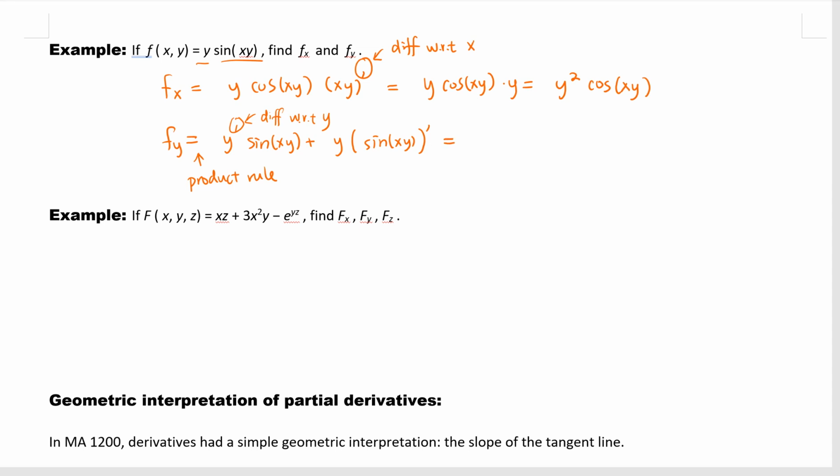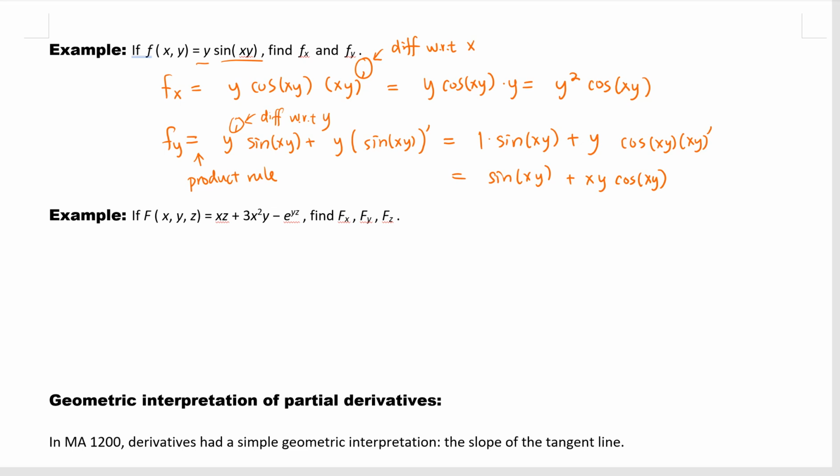So the derivative of y is 1, and then we have the sine xy, and then derivative of sine, chain rule, that is cosine xy, right? And then chain rule xy prime. So that is sine xy, but xy prime, y is a variable, so there is a y is 1, so we have x. So this is xy cosine xy. So far, so good, everybody?